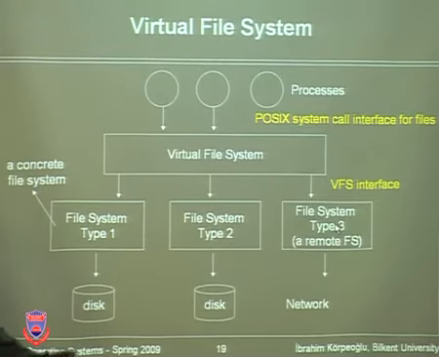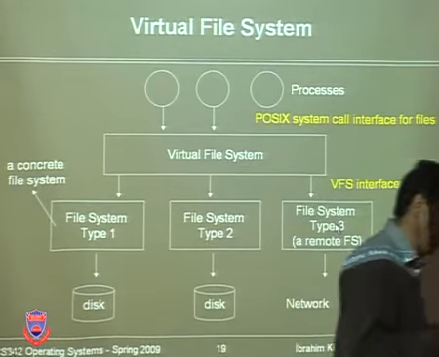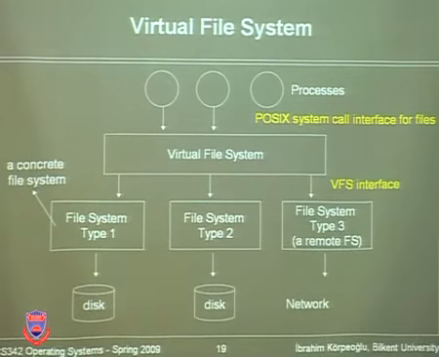When you want to access a file, you have to be aware of which file system it is using and what operations that file system supports or gives you to operate on the file. You have to look and learn them and then access the file sitting in that file system. If you then would like to access a different file sitting in another file system, you have to know the interface of that file system, okay? So this type of solution is not very convenient because you have to learn various interfaces.